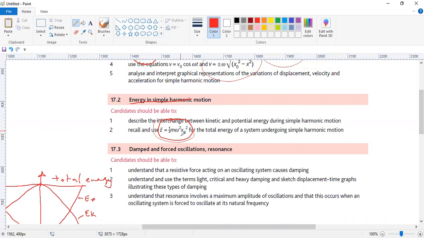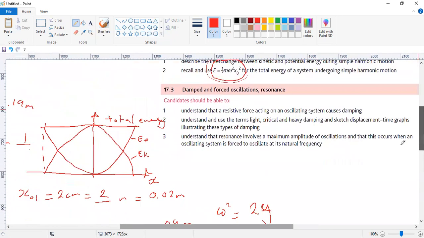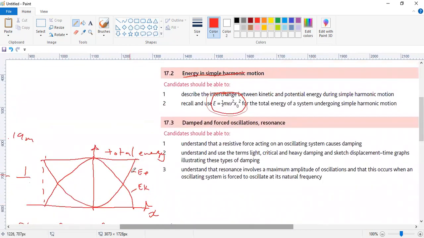So x naught is the maximum displacement, which is the amplitude. You see, there is an interplay between potential energy and kinetic energy of the system.